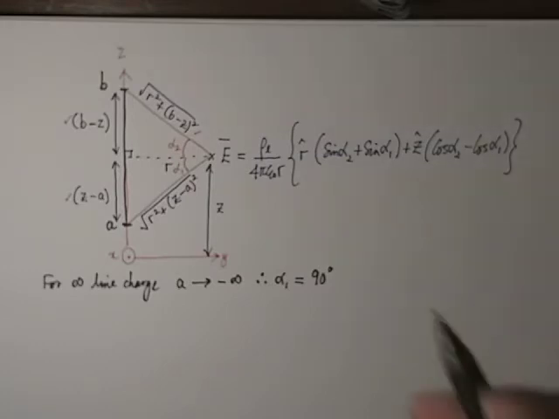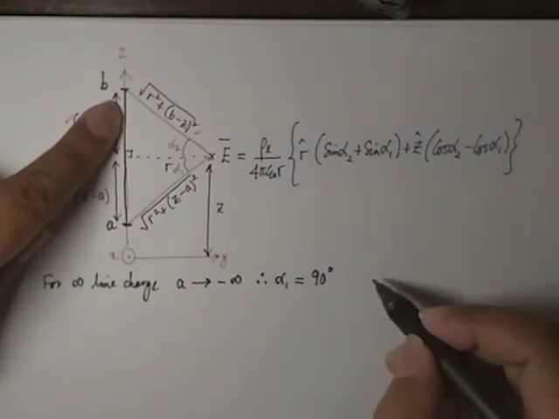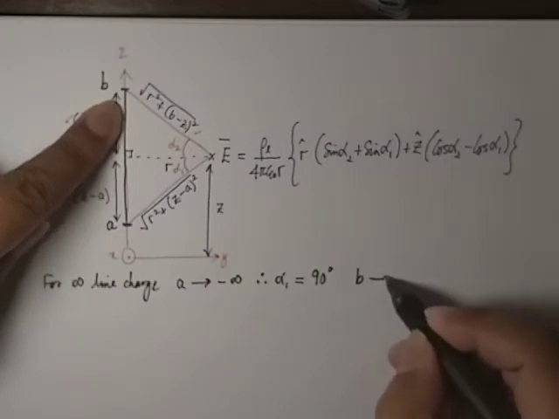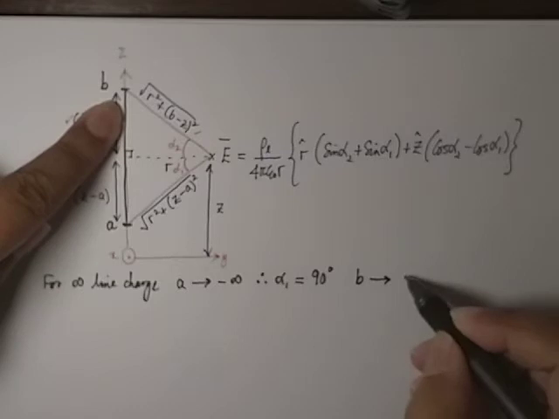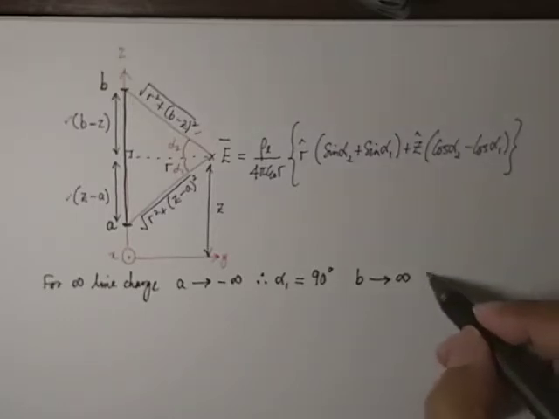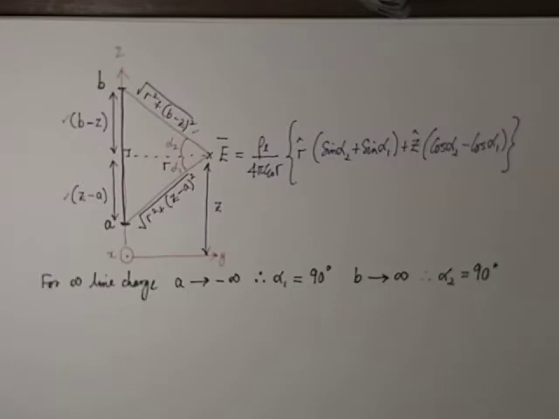Okay, and for the case of limit B now, what happened to this limit B for infinite line charge? We can say that the B now should be assumed to be located at plus infinity. And what happened to the angle alpha 2? Yes, alpha 2 now is becoming 90 degrees as well, due to the infinite line charge behavior.